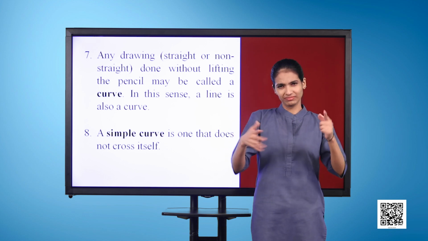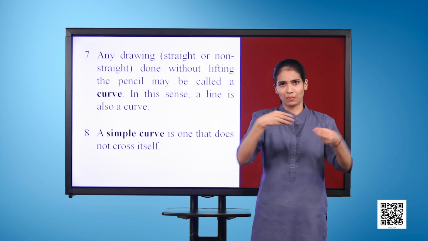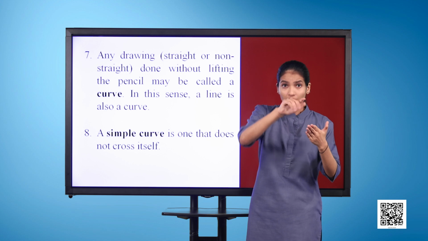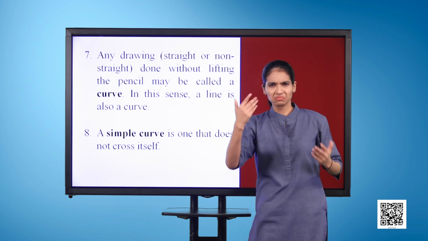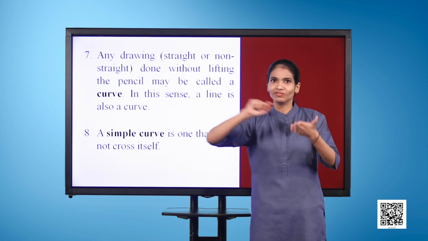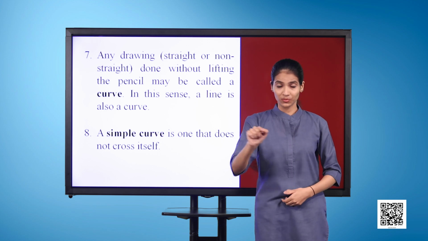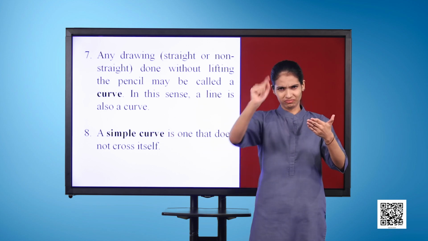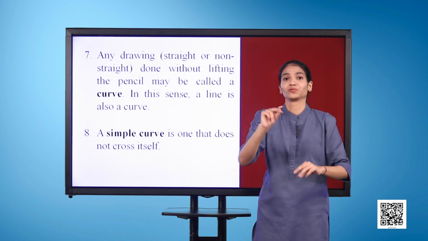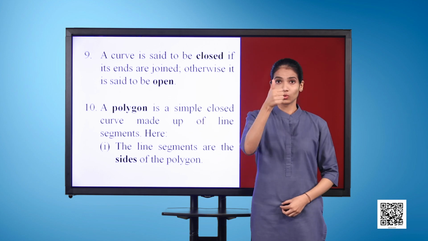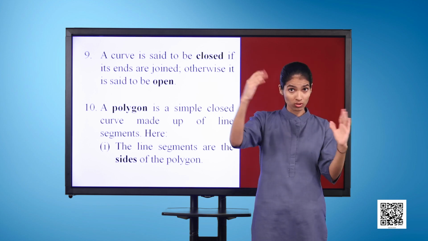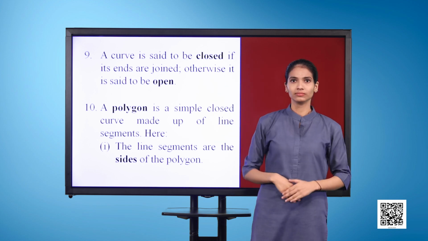Any drawing, straight or non-straight, done without lifting the pencil may be called a curve. In this sense, a line is also a curve. 8. A simple curve is one that does not cross itself. 9. A curve is said to be closed if its ends are joined, otherwise it is said to be open.